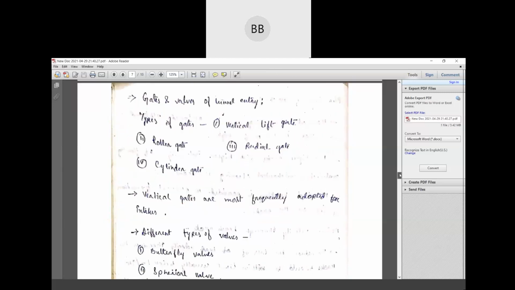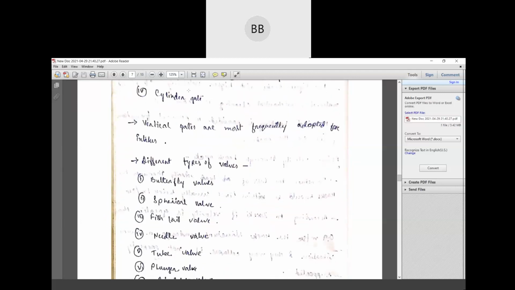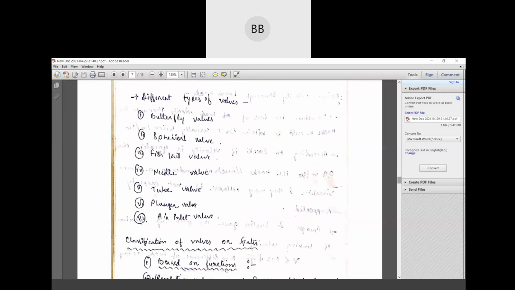And next is your valves. Gates we have already discussed. Now is valves. We have various types of valves. You can write it down.